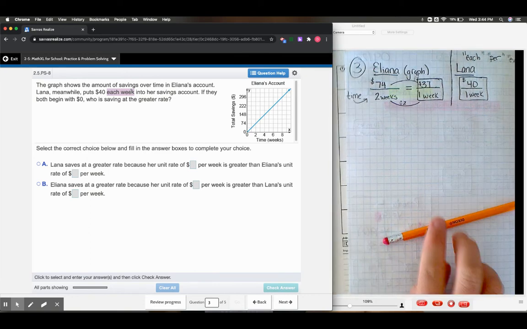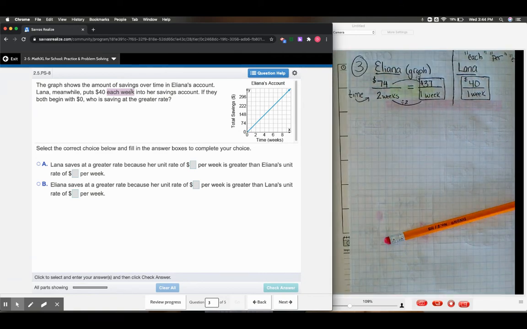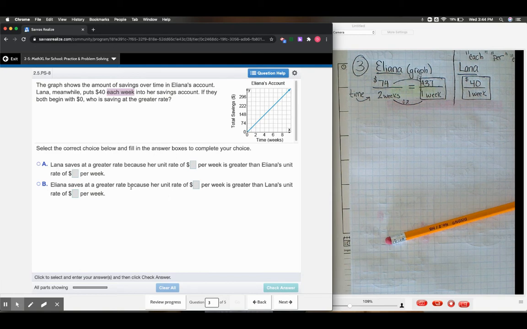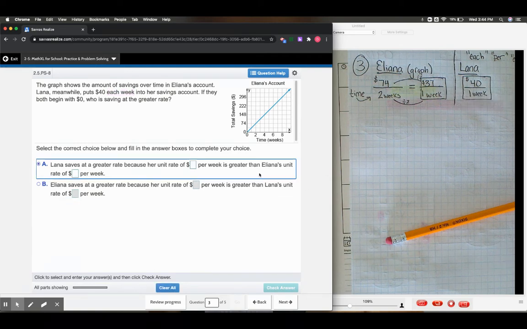Ladies and gentlemen, it is time to compare those rates. So we've got 2 choices: Lana saves at a greater rate, or Elania saves at a greater rate. I'm looking over here and I'm seeing 40 is bigger than 37.